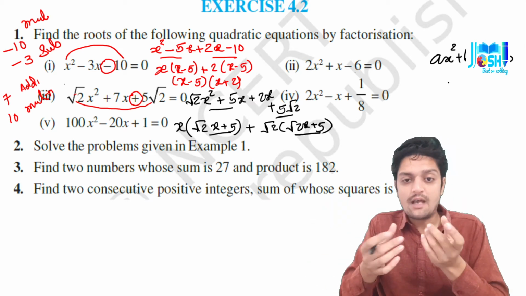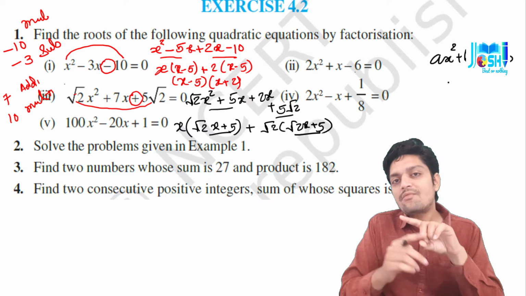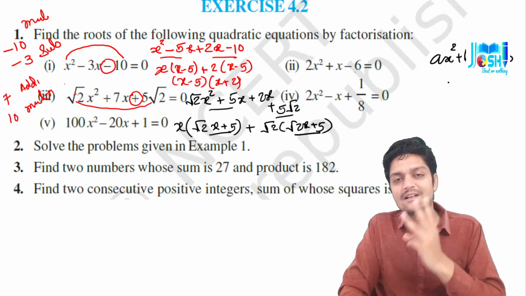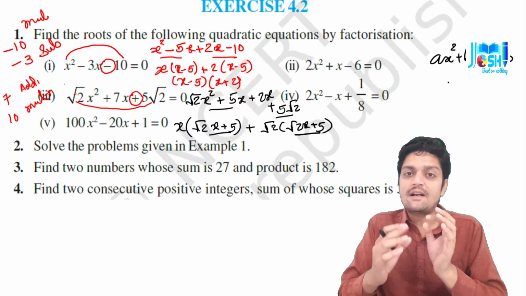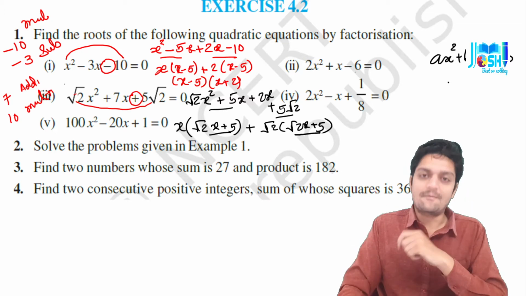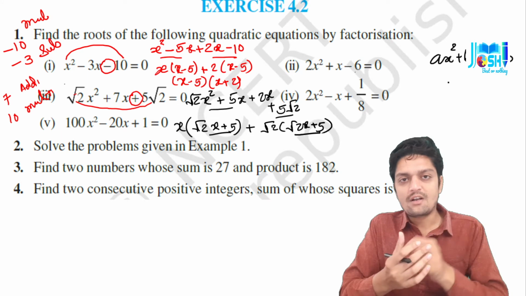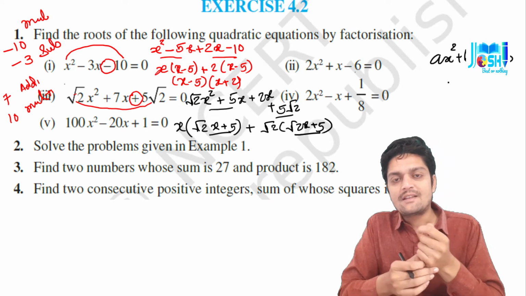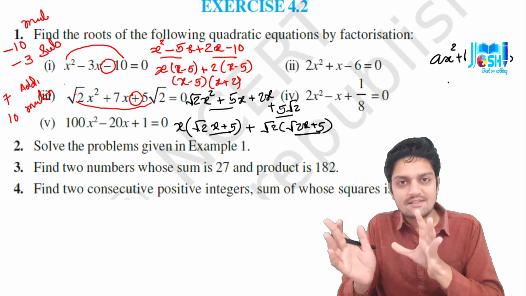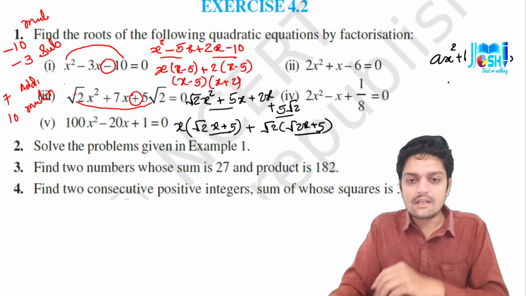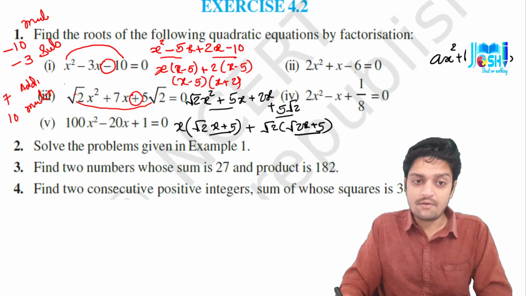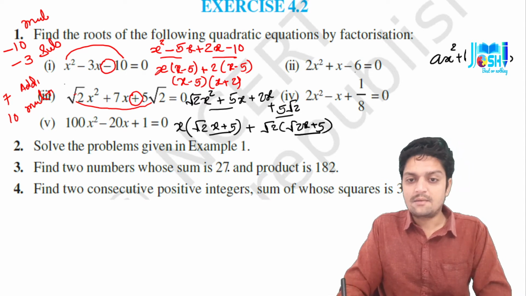I am solving this kind of question by the method of linear equations, which was the third chapter. Because for the student it becomes very easy, and in the exam nobody will ask you to solve this question by this and this method only. So you have to use here two variables for two numbers: first number is x, second number is y, and the sum is 27.